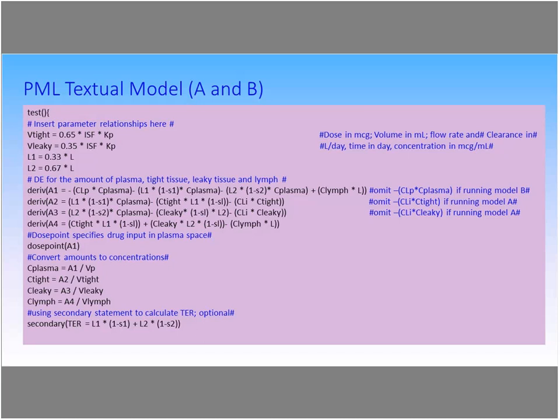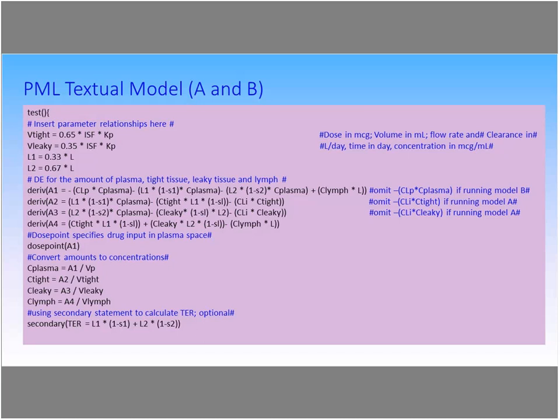We already went through the differential equations together. This is for the amounts in plasma, tight tissue, leaky tissue, and lymph. The dosepoint here specifies drug input in plasma space, the first compartment. And then these are equations to convert amounts to concentration.